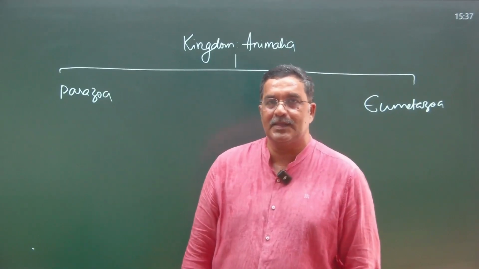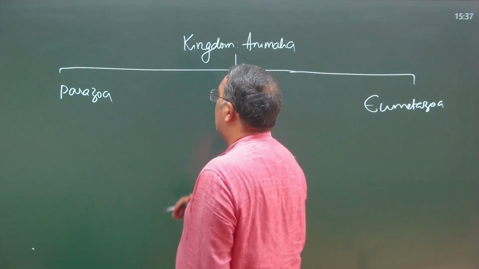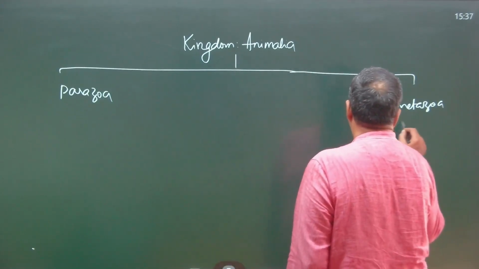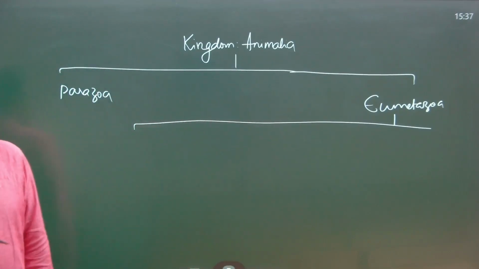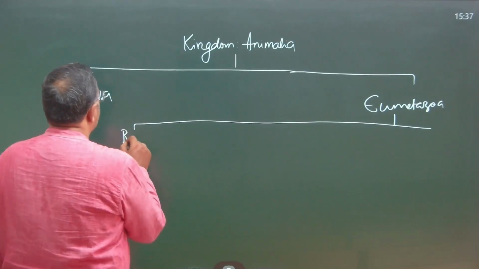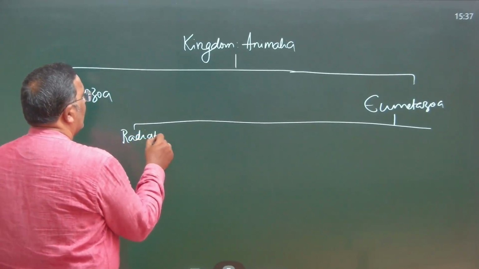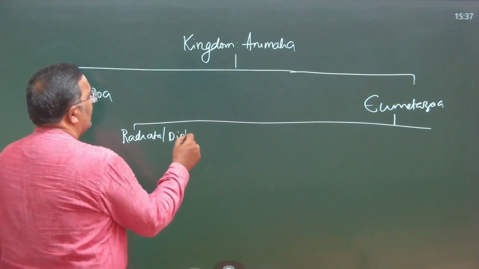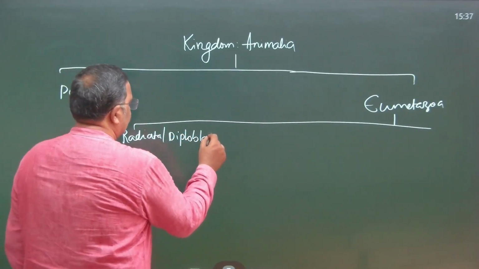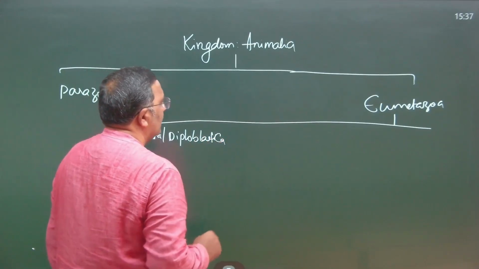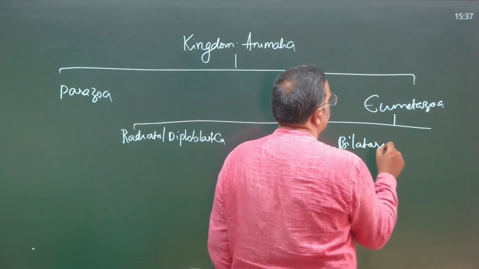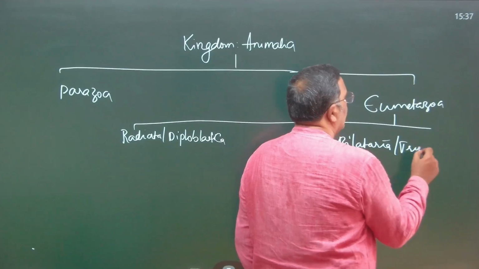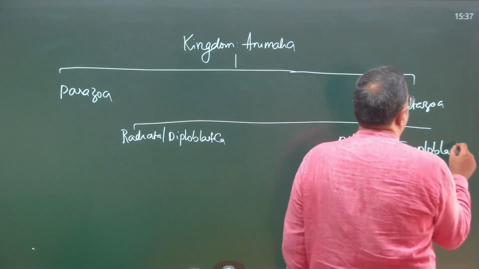In the previous class, we saw the grades of organization, and now we are going to subkingdom Eumetazoa, classified into grade radiata, which is also called diploblastica, and grade bilateria, which is also called triploblastica.